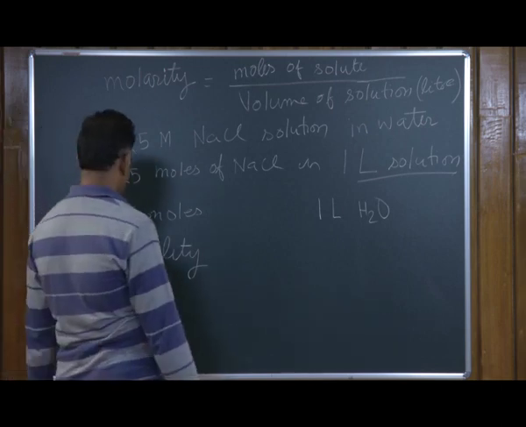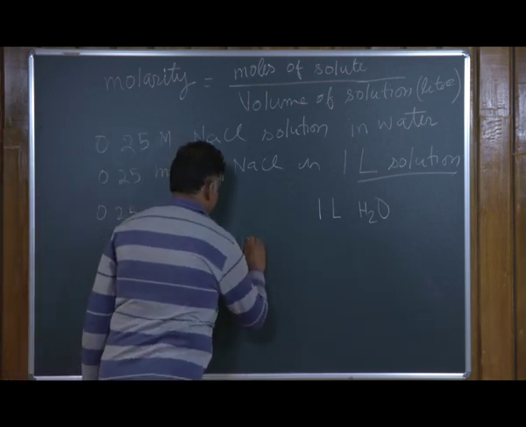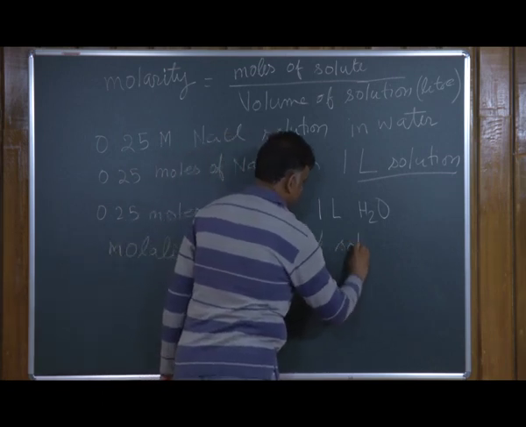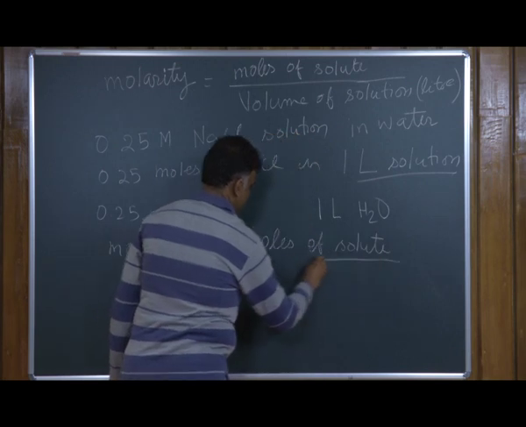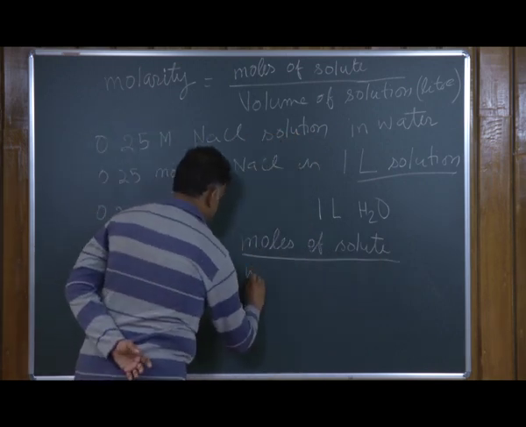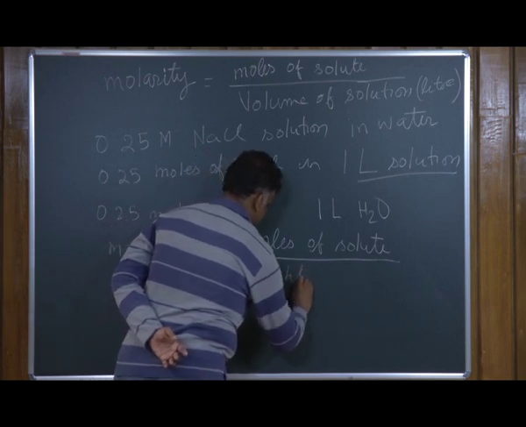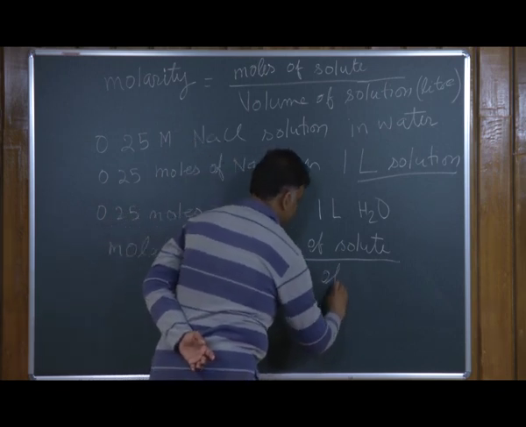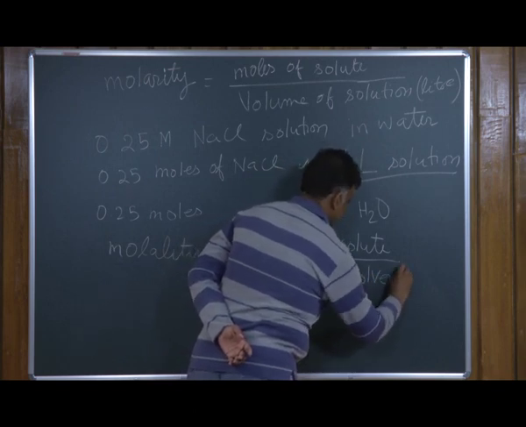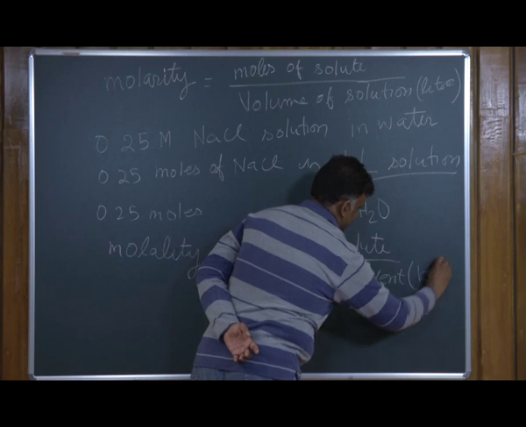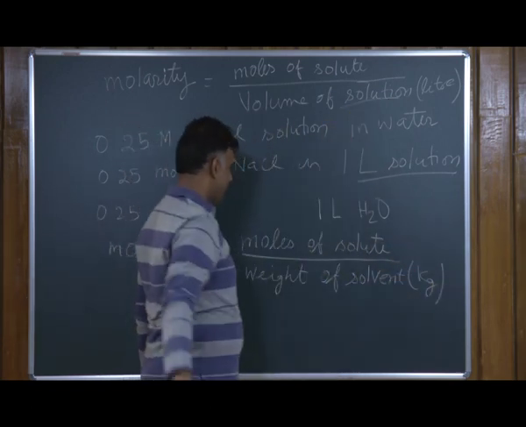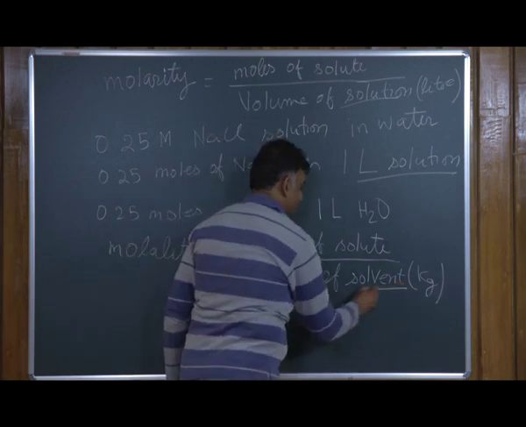The definition of molality is moles of solute in weight of solvent, and that is in kg. So, over here it is the volume of solution, and over here it is the weight of solvent.